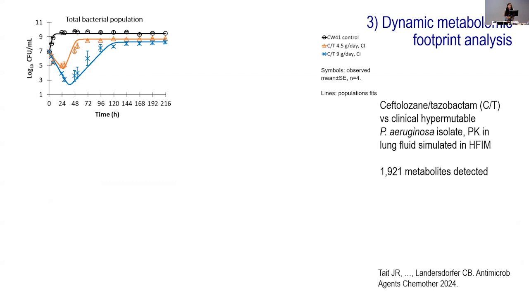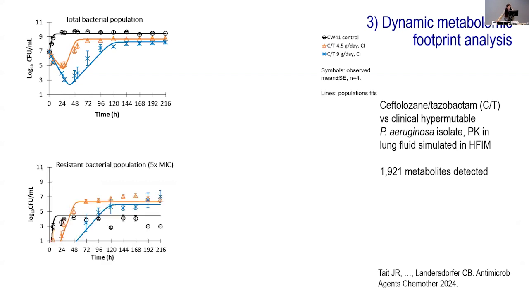In black we've got the growth control, and in orange and blue are the 4.5 grams per day and 9 grams per day treatment with ceftolozane-tazobactam, where both of these treatments achieved some bacterial killing, but resulted in resistance emergence, as we can see in the bottom panel, where resistance emerged higher than in the control.